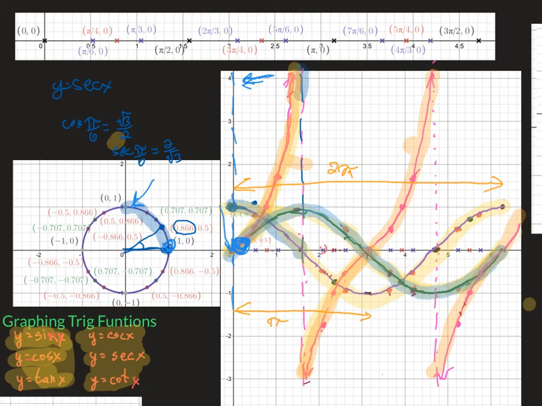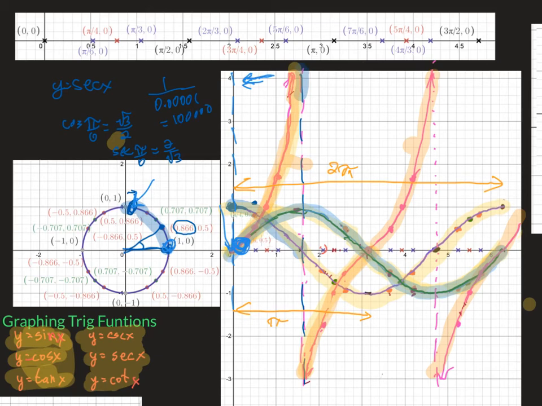But what happens when you're just a little bit in front of it? Well, the cosine is still a little bit positive. It's just a little bit to the right of the y-axis. So it's a very, very small positive number. Well, 1 over a very small positive number, let's say 1 over 0.00001, is going to be 100,000.